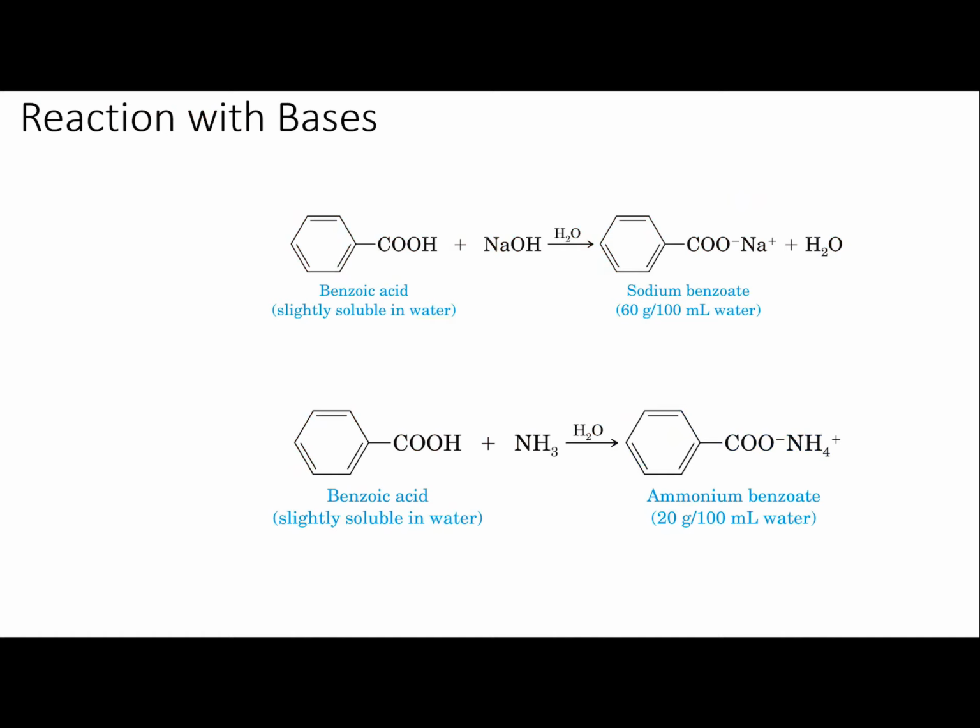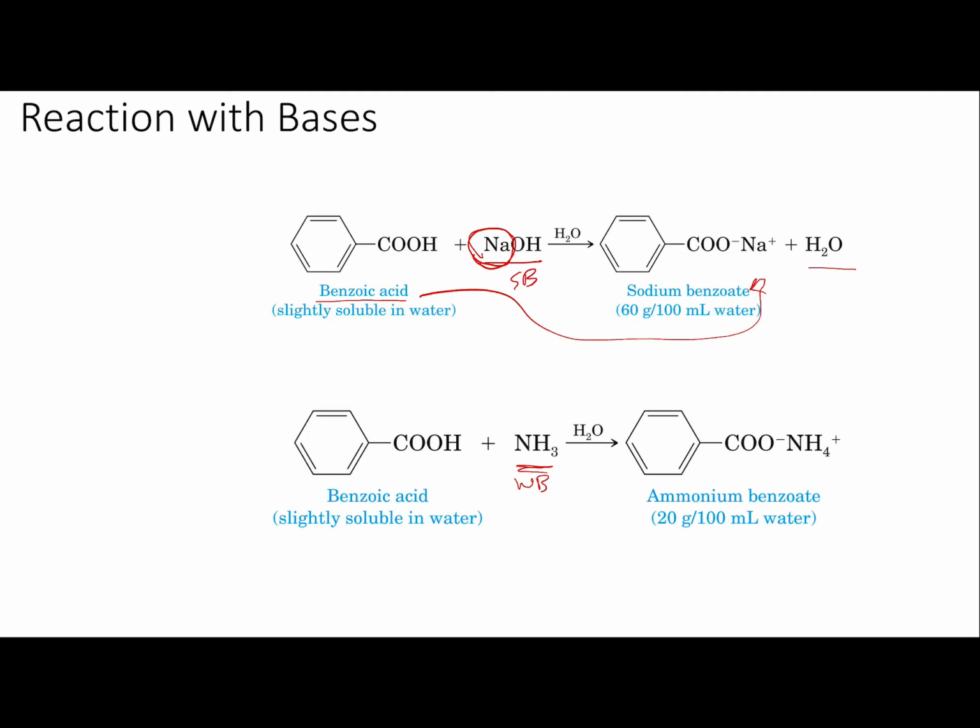You can see some reactions here. Benzoic acid with sodium hydroxide produces water, and then the sodium salt of benzoate, because benzoic acid became benzoate. Here, benzoic acid, which is slightly soluble in water, can also react with a weak base, like ammonia.